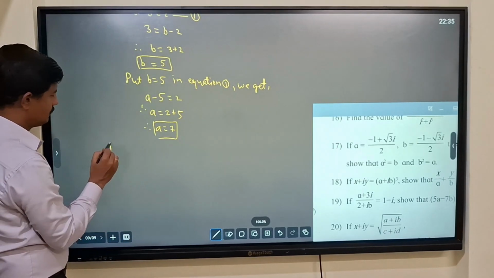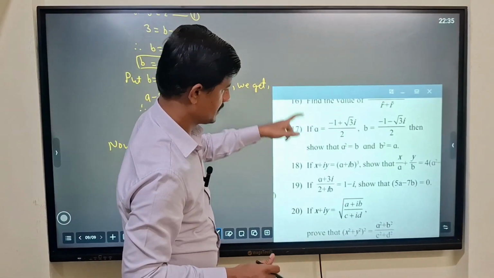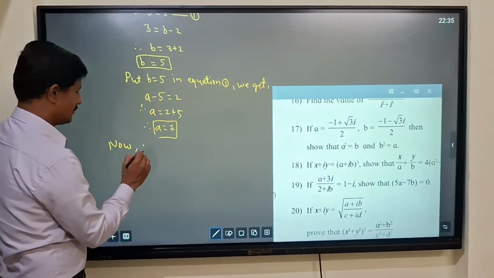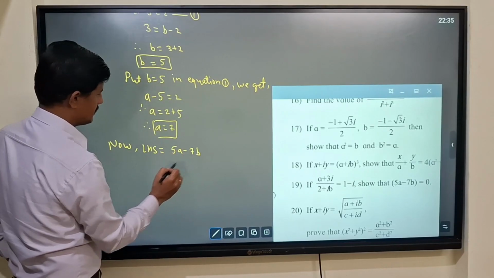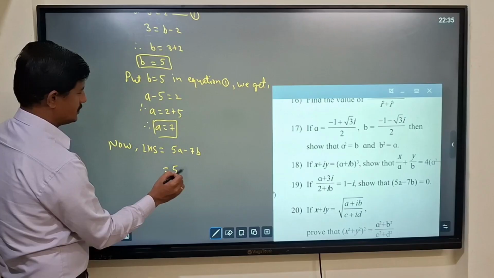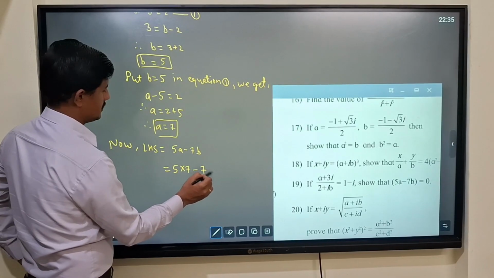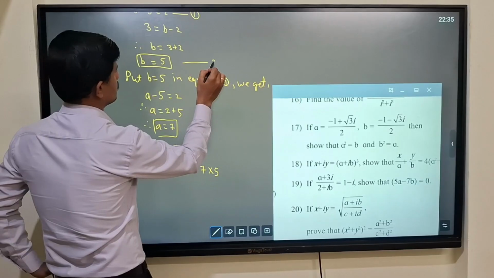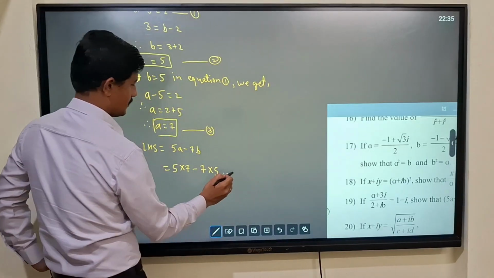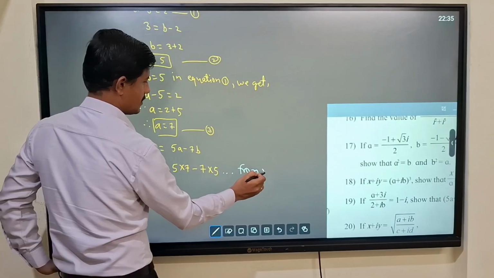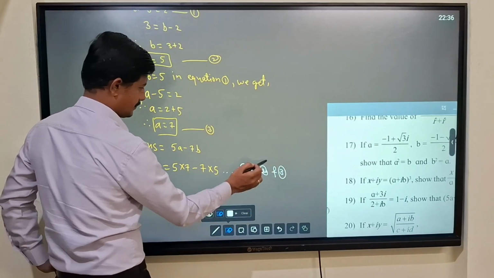Now, what do we want to prove? The LHS is 5a minus 7b. 5 into a is 7, minus 7 into b is 5, from 2 and 3.